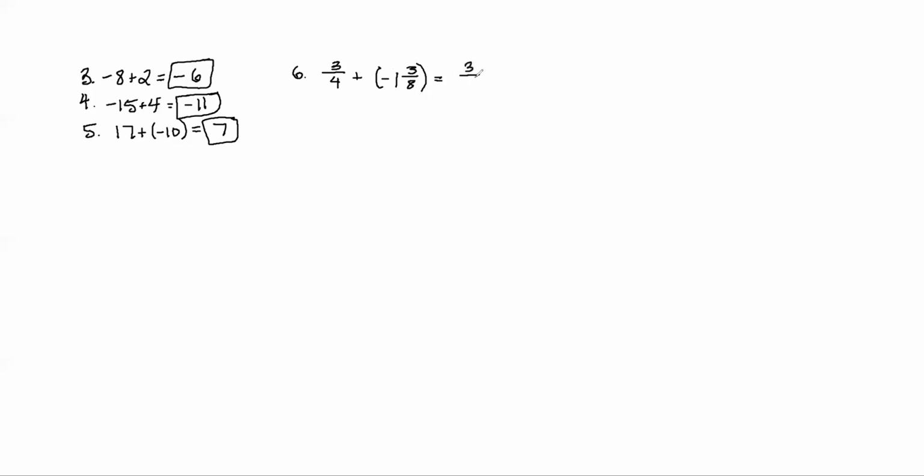So keep the 3/4, keep this negative, but then we want to multiply 8 times 1, which is 8, plus 3, so 11/8. Still need a common denominator, so we'll change the denominators to an 8, and so this first one's the only one that has to change. We have to multiply that by 2, so 2 times 3 is 6.